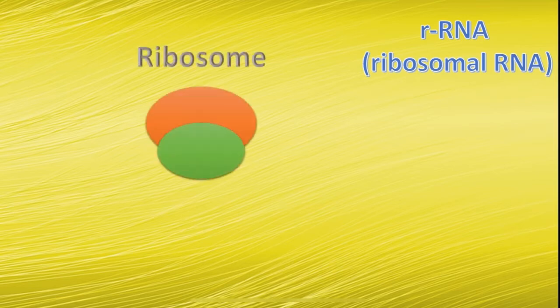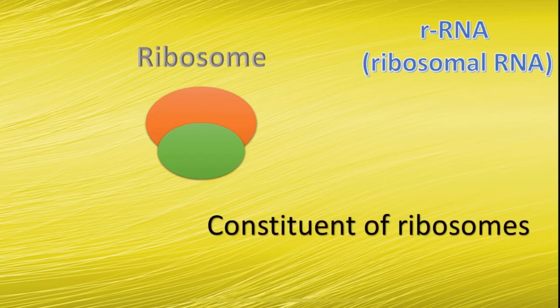Now let us focus on the first one, that is rRNA, ribosomal RNA. Here it is a constituent of ribosomes, so the name contains ribosomal RNA.